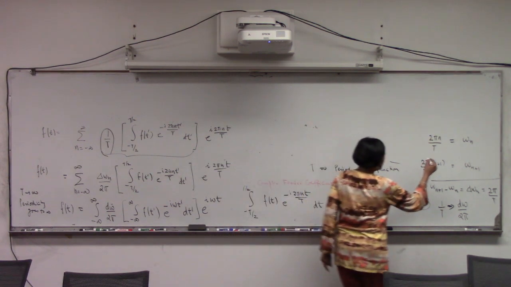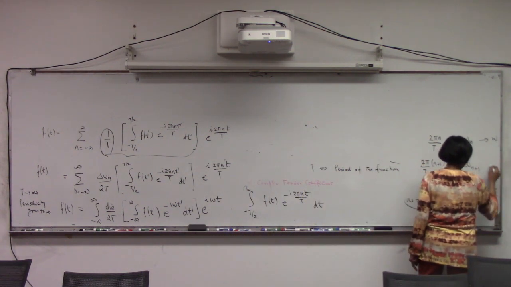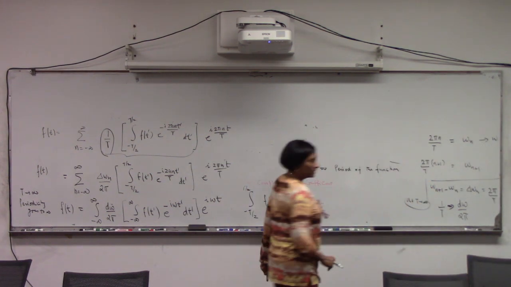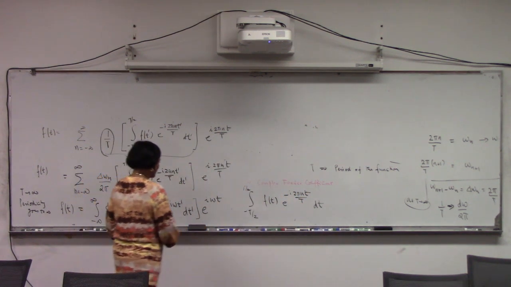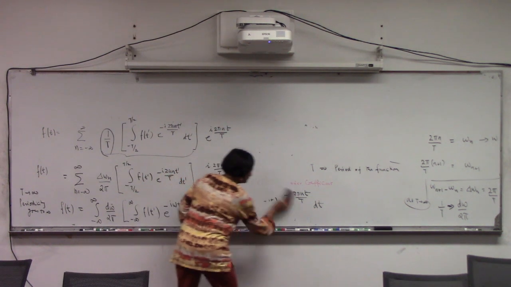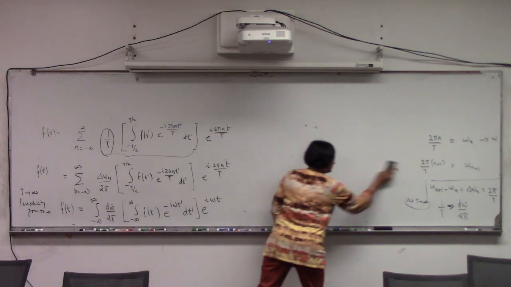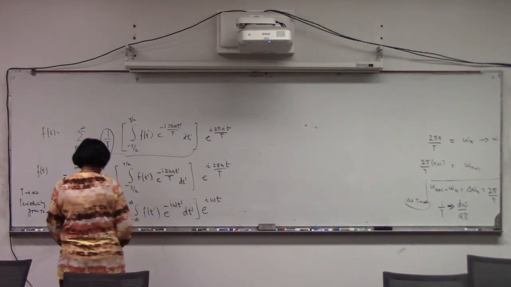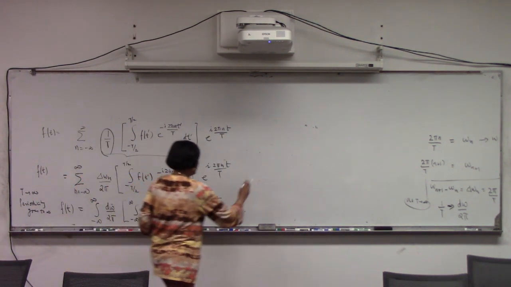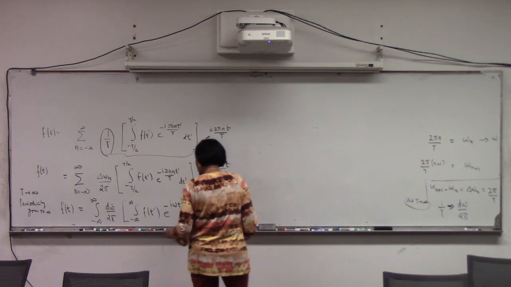So this has also become continuous. The frequency spectrum has become continuous. We no longer call it omega 1, omega 2. It's a continuous spectrum. Yeah, okay, good.